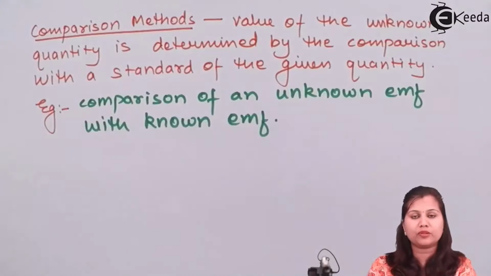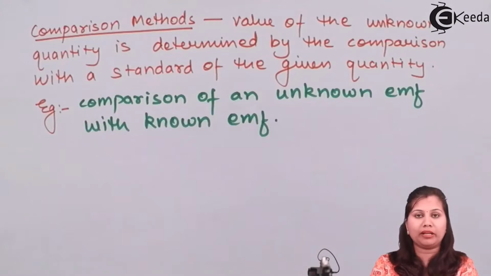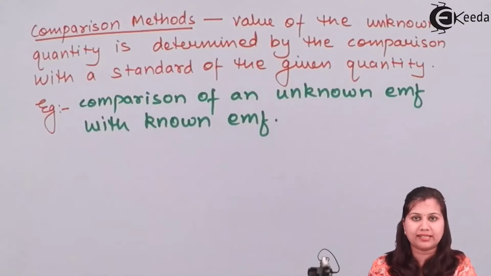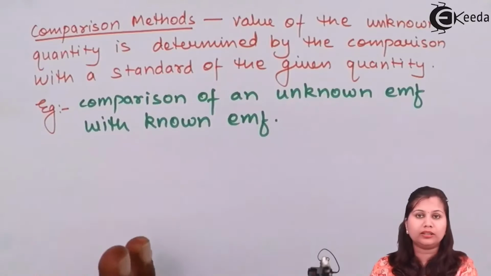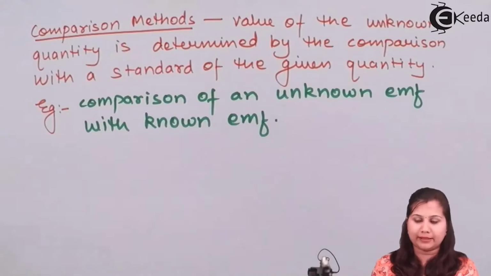For example, when we are measuring the unknown EMF of a cell by comparing it with a known EMF of a standard cell, that is a type of comparison method.